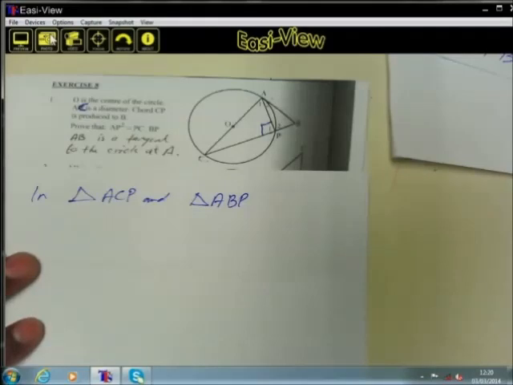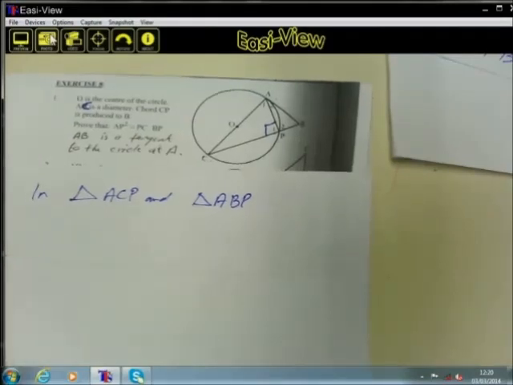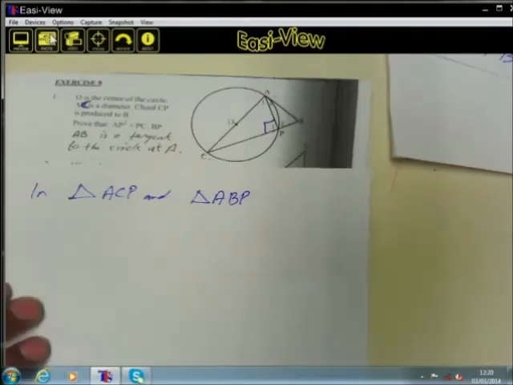And remember, to prove that two triangles are similar, you only need to prove two pairs of angles to be equal, because the remaining pair will automatically be equal. A triangle is a three-sided figure with three angles. If two pairs of angles are equal, the remaining pair will also be equal. So let's find two angles that are equal in this case.